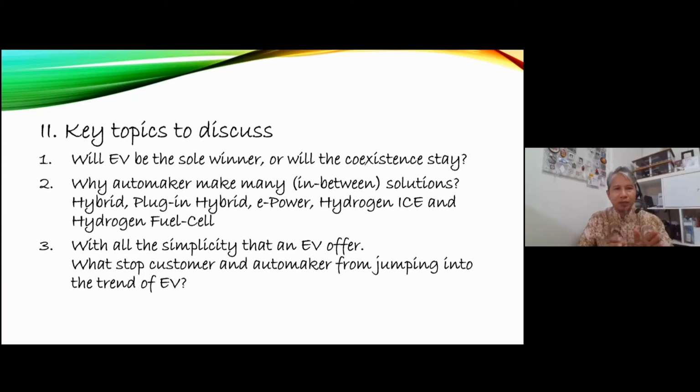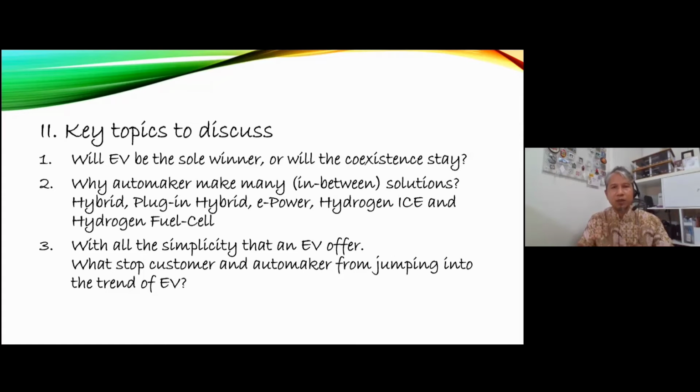with many types of engine that I just presented, why do automakers now make so many in-between solutions, hybrid, then from hybrid, plug-in hybrid, then another car maker offers e-power, hydrogen ICE, and hydrogen fuel cell.